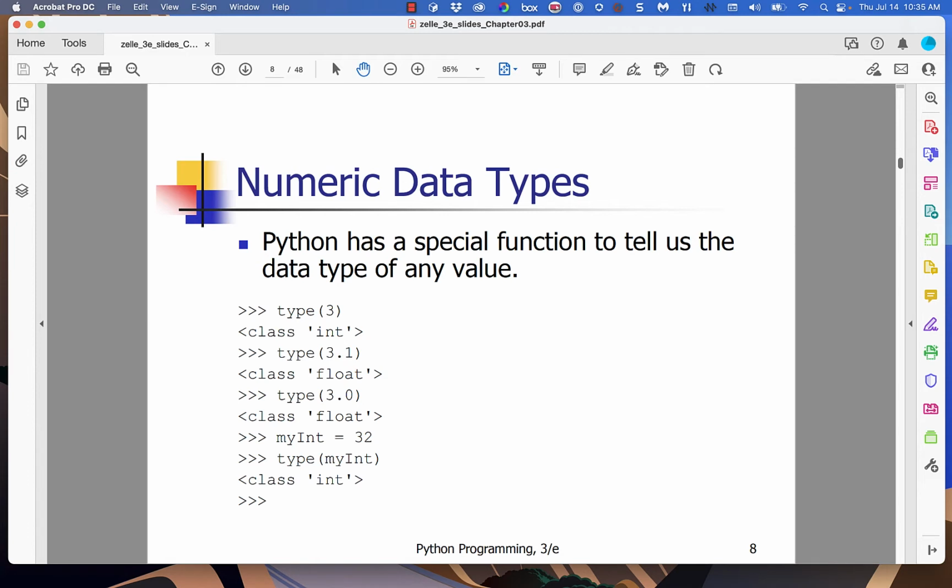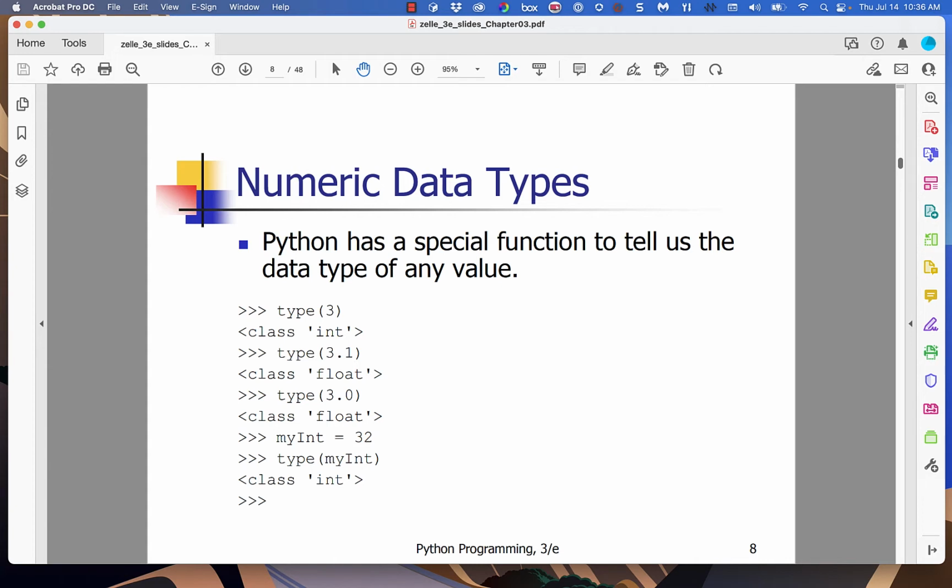Python has a special function that we can call to see what type any value is. And here you can see that they're working in the Python console. As I've said in previous lectures, we sometimes call this console the REPL, all caps REPL, read, evaluate, print loop.